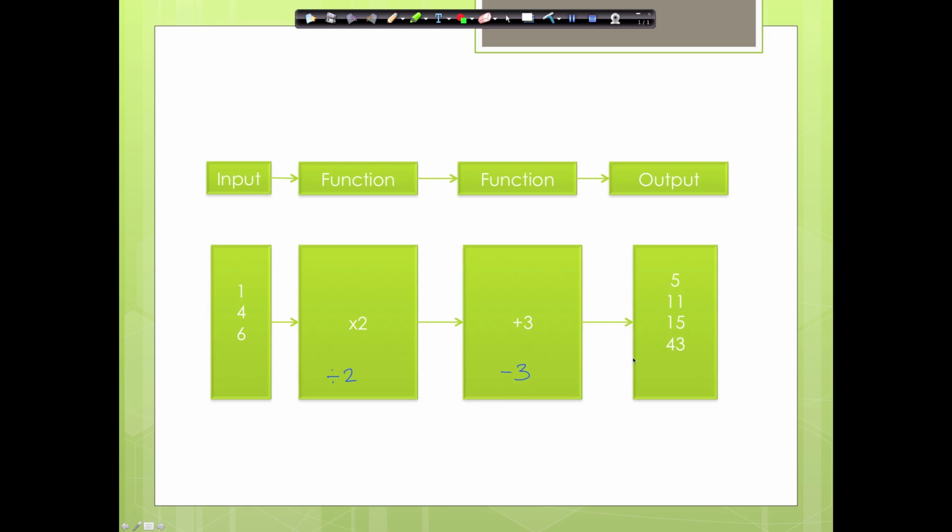So 43 goes in, I minus a 3, which gives me 40, and then I divide it by 2, so 40 divided by 2, and that gives me 20. Okay, so I'm just going backwards, same as before, except this time we've got 2 steps.